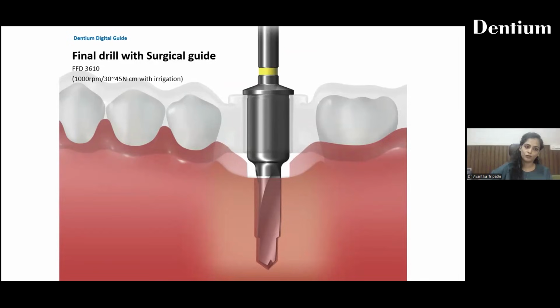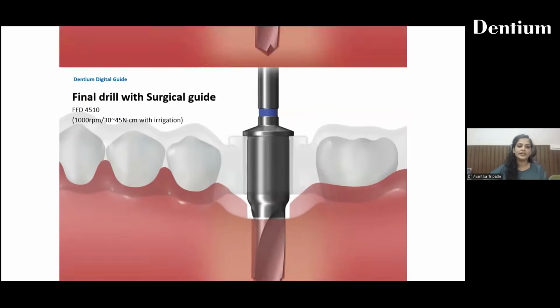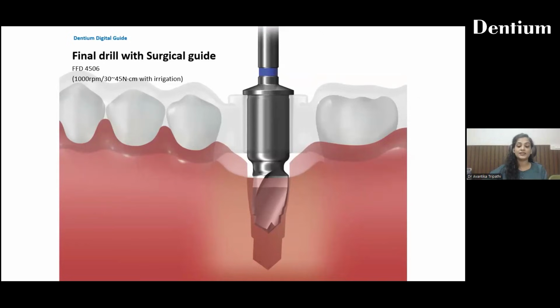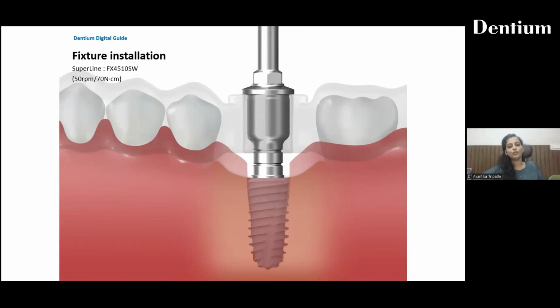So 10 mm of my guide drill, then 10 mm of my 3.6, 10 mm of my 4, 10 mm of my 4.5. Then I'm going to use a 6 mm final drill. Then I'm going to use my 6 mm final drill as my countersink drill. And then I'm going to place my implant.